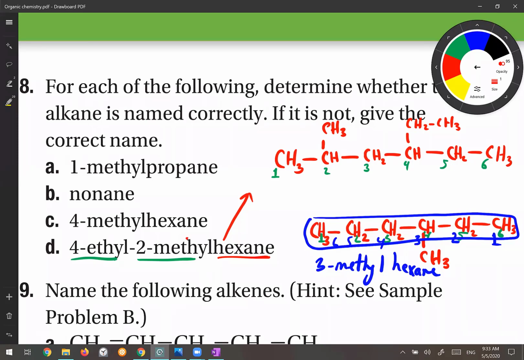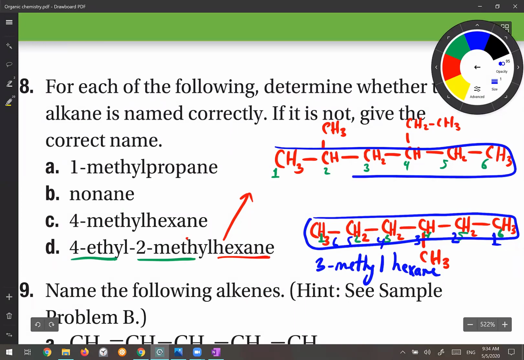Okay, so is this the correct name for this compound? The parent chain is chosen correctly. This is the longest chain. And the numbering is also done correctly. From the left side, you have to number the parent, because if you number it that way, the first branch, which is methyl, appears in the 2nd position.